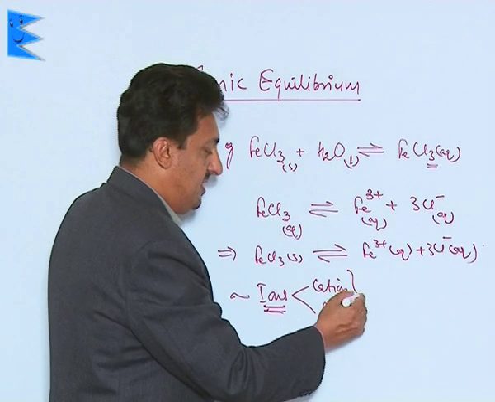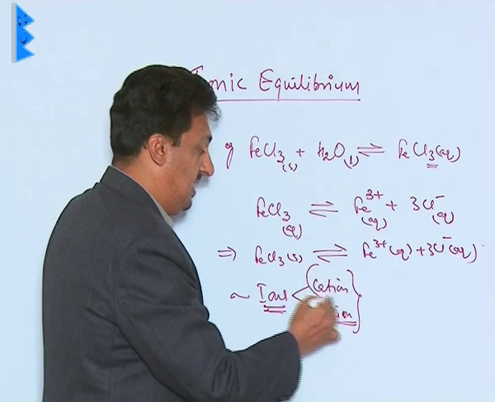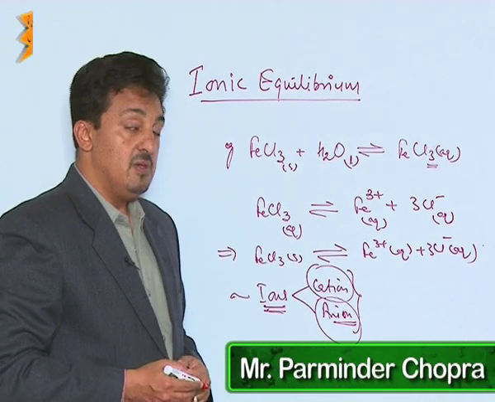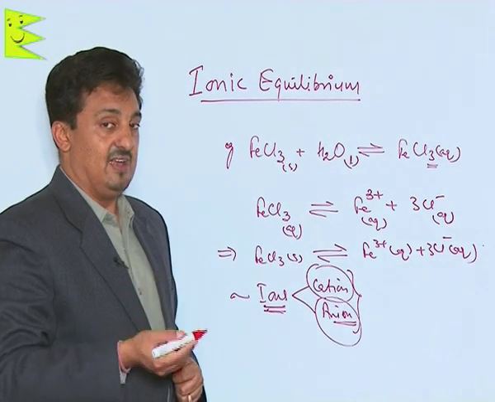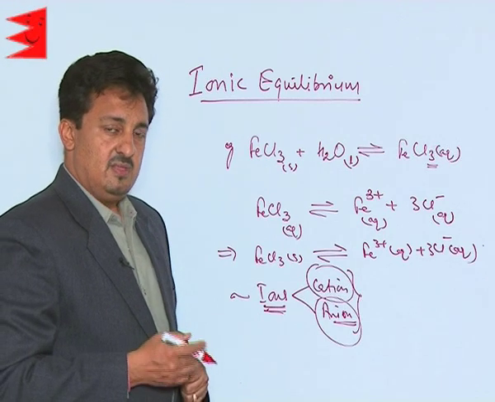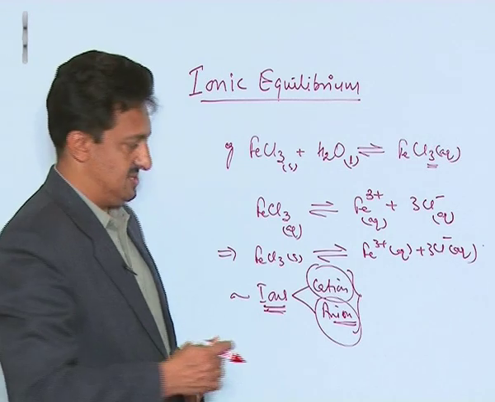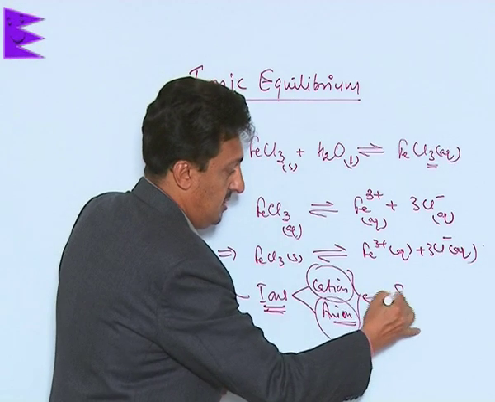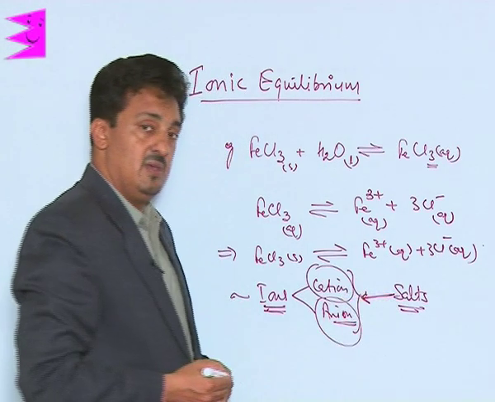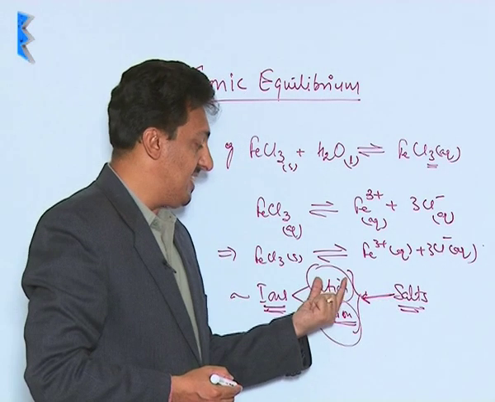In order to understand the behavior of these ions, we first need to understand where we get these ions from. The answer is from the salts. So salts are the main sources from where we get these cations and anions.